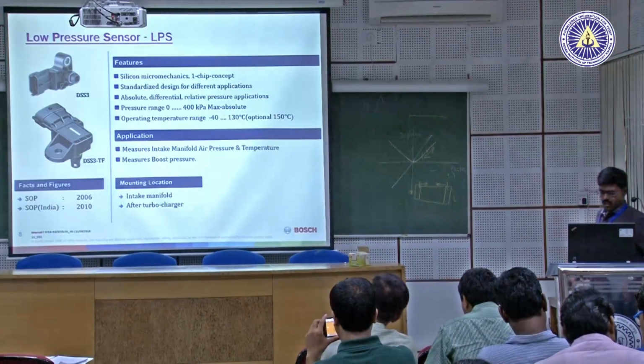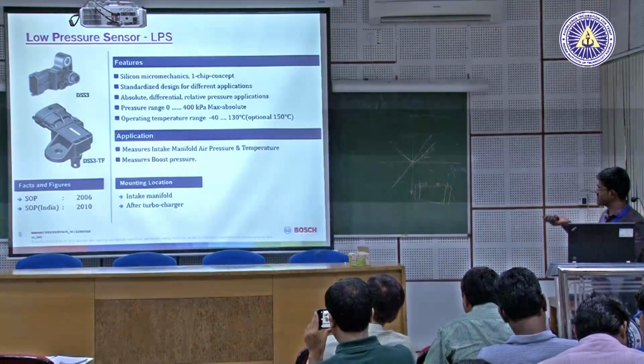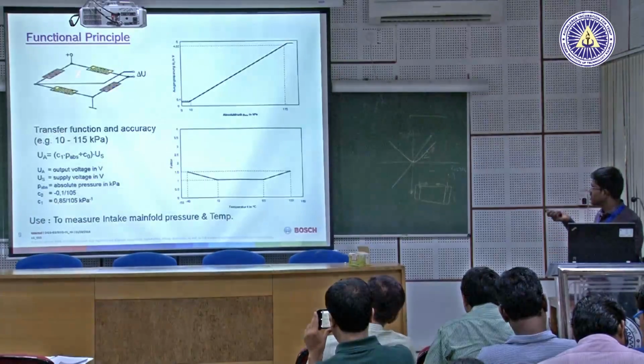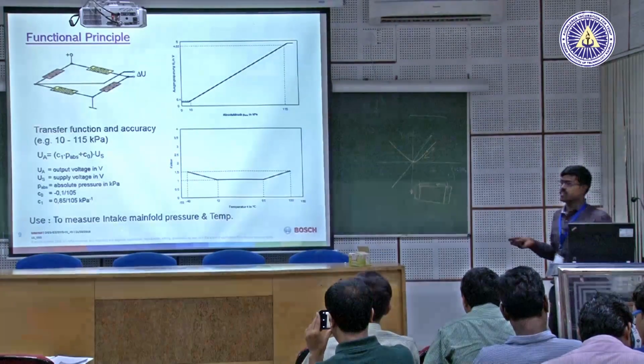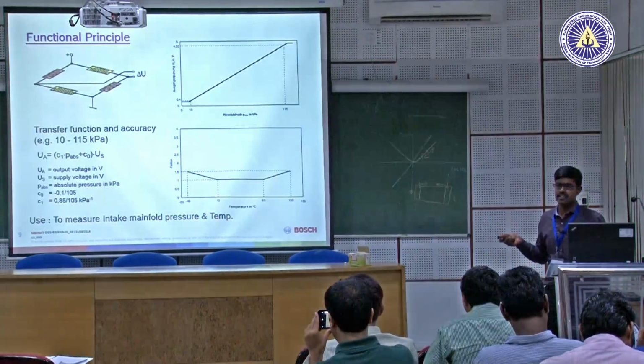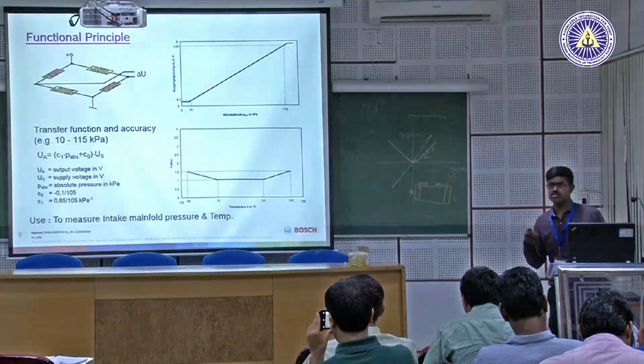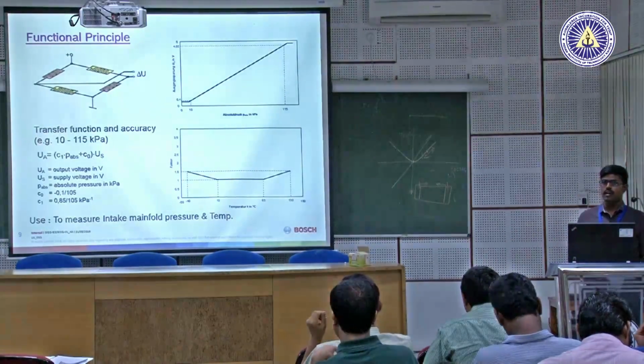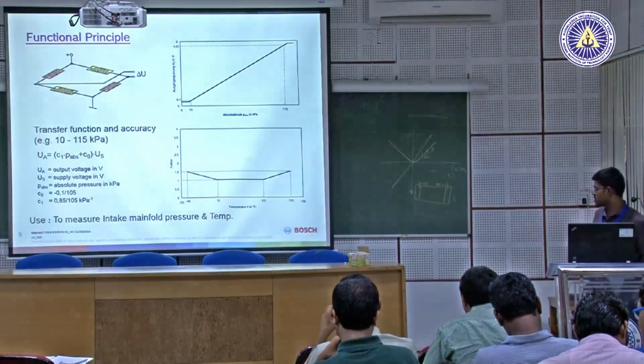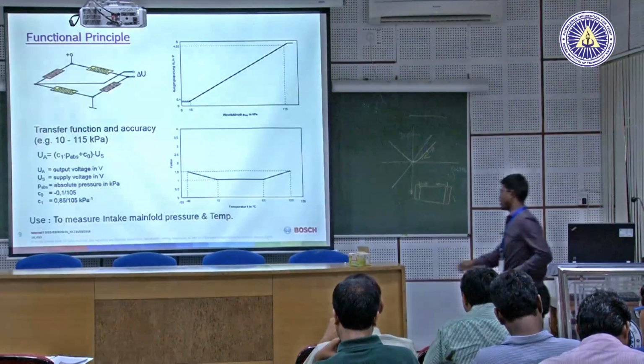Okay. So, these slides may bore you a bit, but functional principle wise, we use a Wheatstone bridge concept here for the pressure measurement. Most of you would know the Wheatstone bridge from your studies.